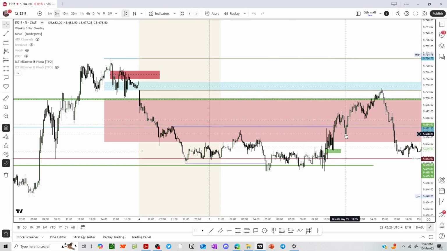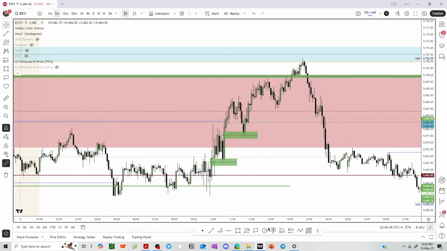And it retraced again. And it broke above this 4-hour.